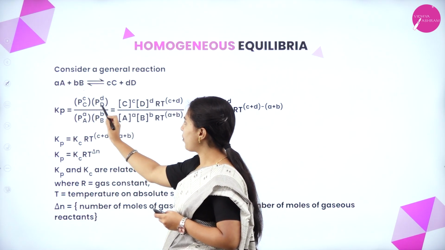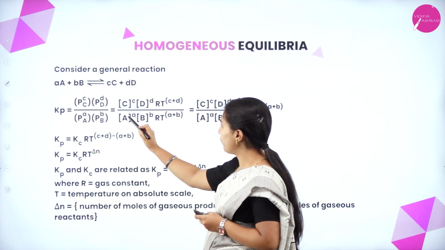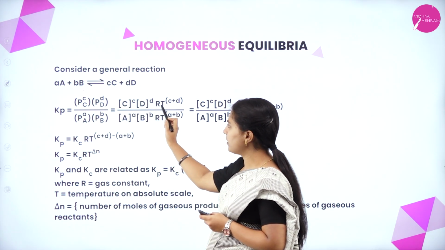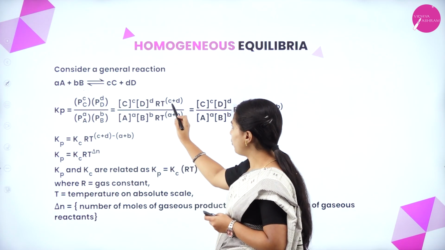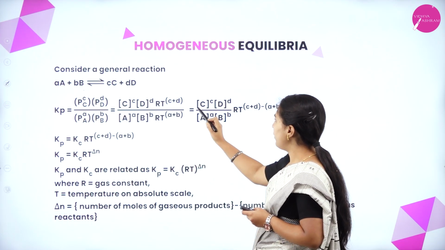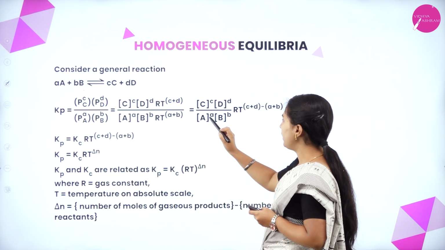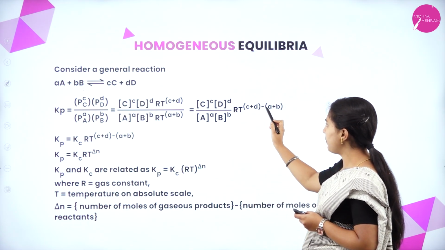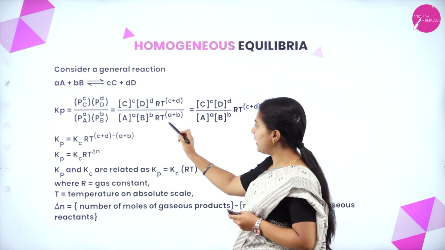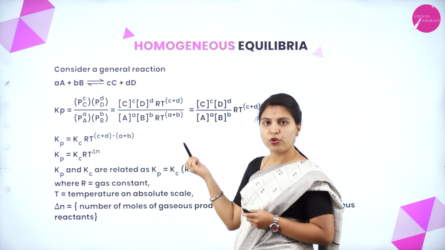This is product, this is reactant. RT, that is gas constant and temperature, is written like this, with the moles as powers. It becomes C into D over A into B with their moles. RT is taken common, to the power (c plus d) minus (a plus b), because the denominator is taken to the numerator.